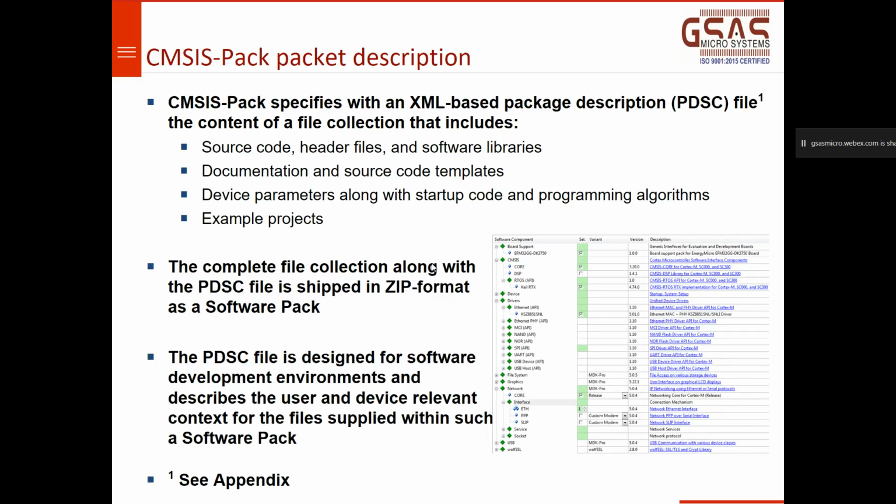This is delivered to the user in the form of a pack PDSC, pack description file, and this can be downloaded from the ARM site or from the silicon vendor site with a .pack extension. It is delivered as a software pack with a .pack extension, in zip format. If you double click, it will unzip the contents to the Keil folder wherever you have installed the software.